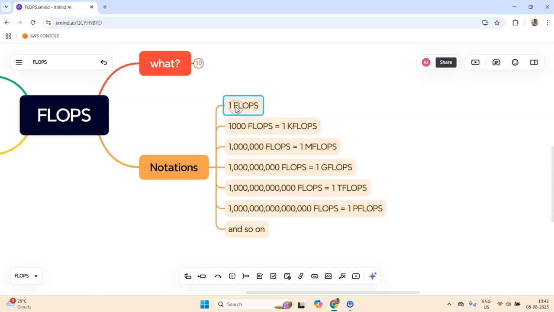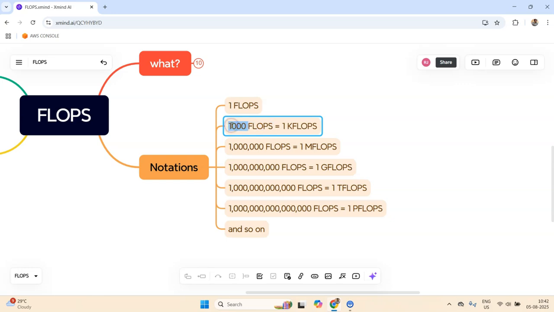One flop I have already explained. These notations are for the sake of convenience and to measure the computing power of a computer. So we try to conveniently represent these flops. If I do 1000 flops, this 1000 could mean 300 additions, 300 multiplications, and the rest 400 would be divisions.